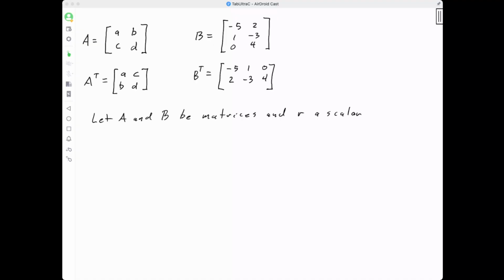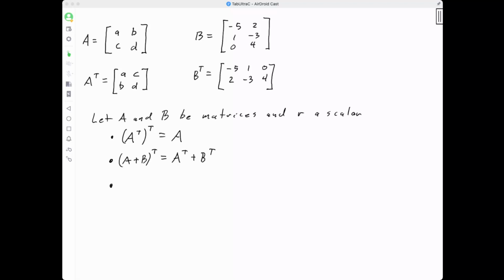Then if I take A transpose and I transpose that, I get back to A. Secondly, if I take A plus B and I transpose it, I get A transpose plus B transpose.